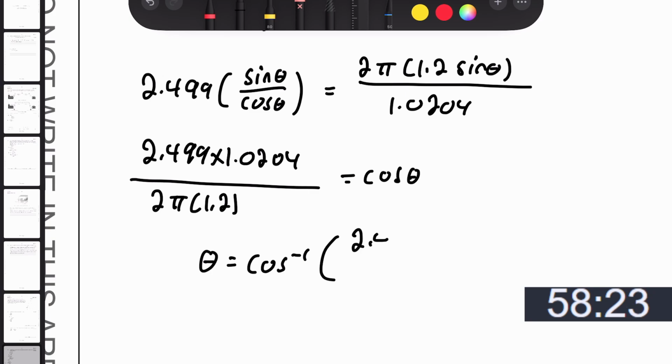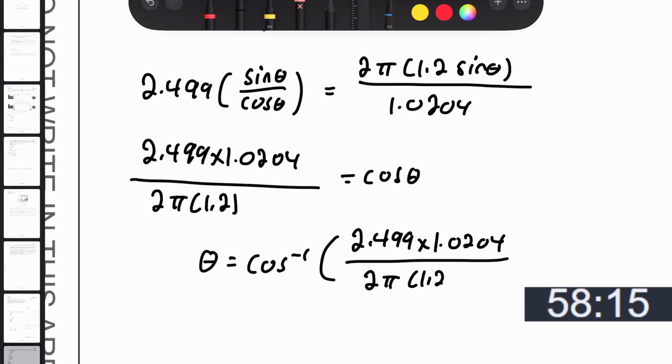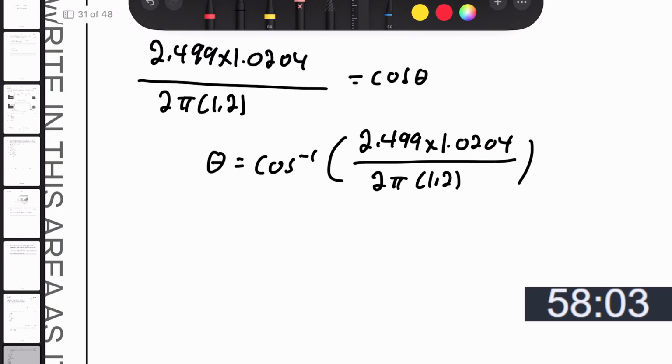I'll try the full thing. 2.499 times 1.0204. So inverse cosine of that. I get 70.2 degrees.